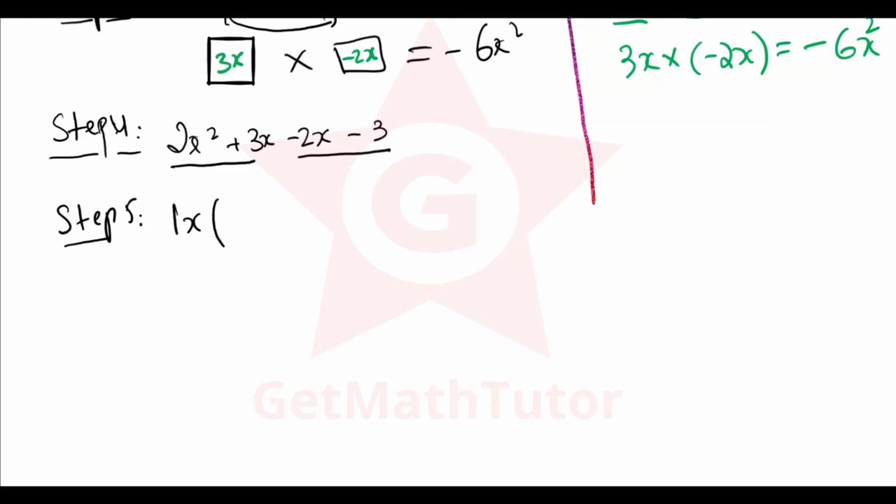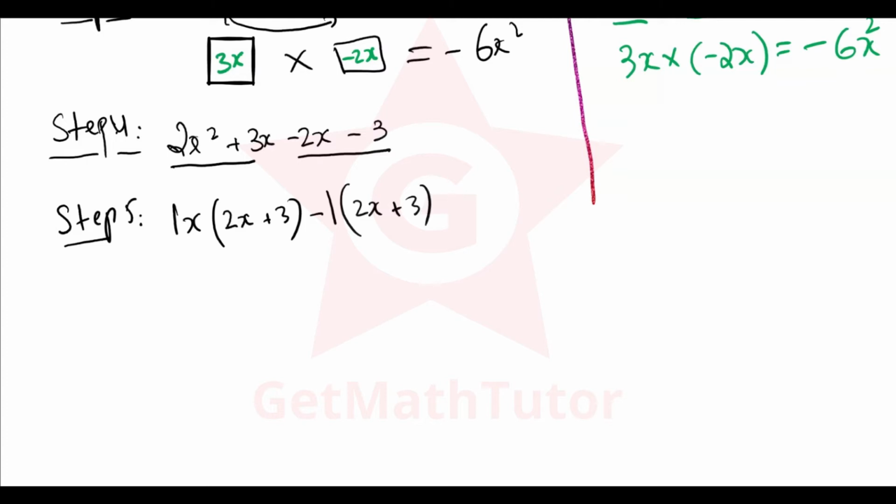So if we take 1x common out of 2x squared, only 2x is left. And if we take 1x out of 3x, only 3 is left, right? Now in the second pair, we take minus 1 as common, right? Because there is no x term in 3, so we can't take x common. So only minus 1 is common here. So if we take minus 1 out of the pair, the remaining item would be 2x plus 3.